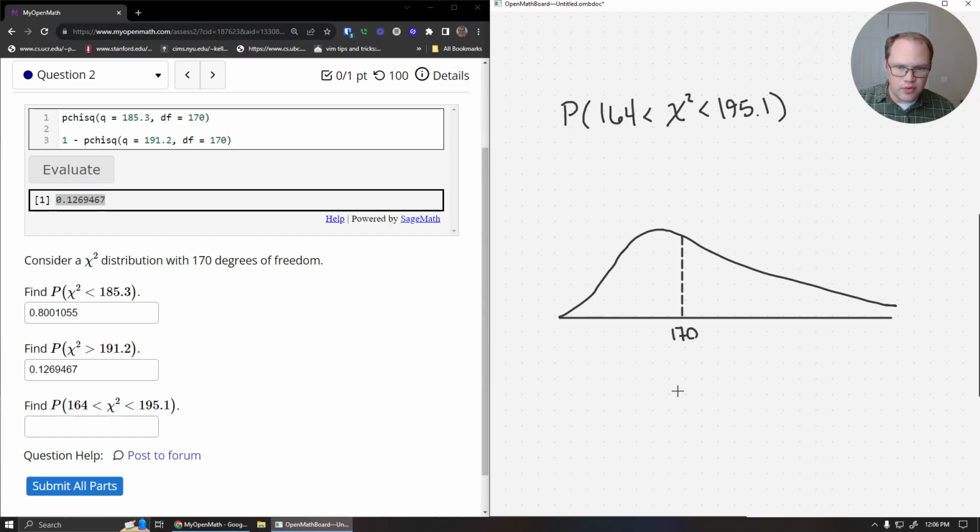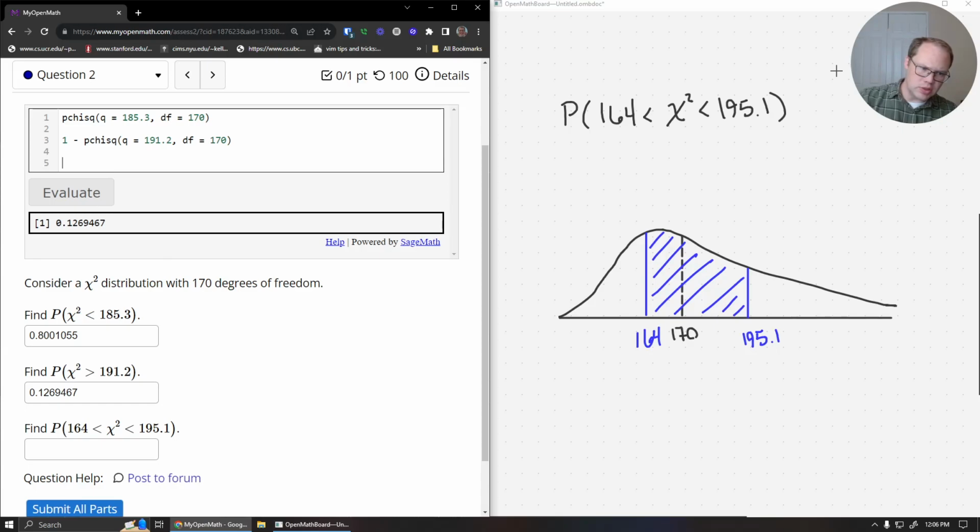That's our degrees of freedom. 164 is a little smaller than 170. Let's say one about right there. And 195.1, that's a little bigger than 170. And so we want the area in between those values. That's the probability we're looking for. Okay? So how do we do that?